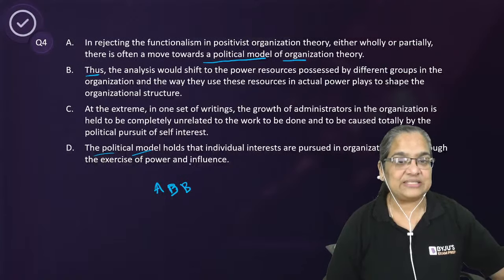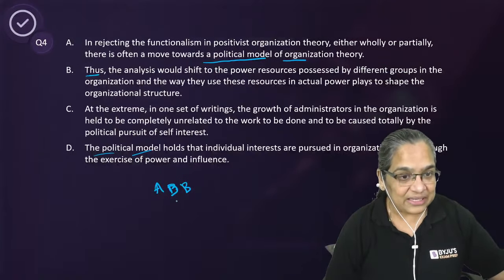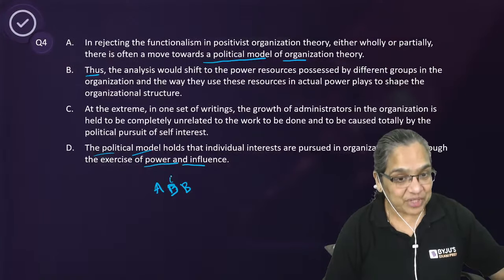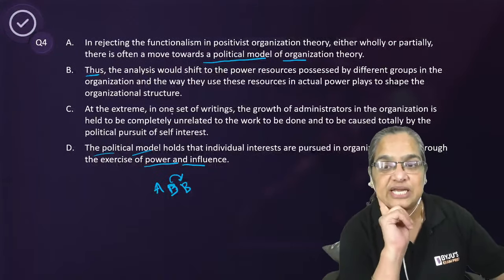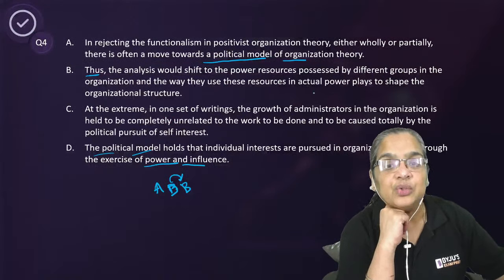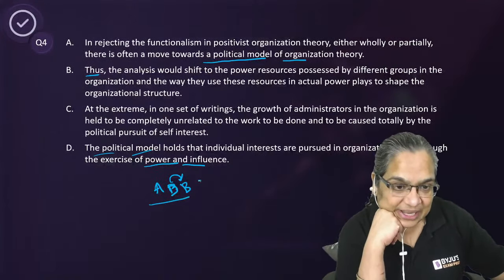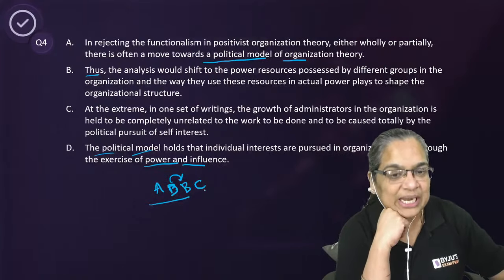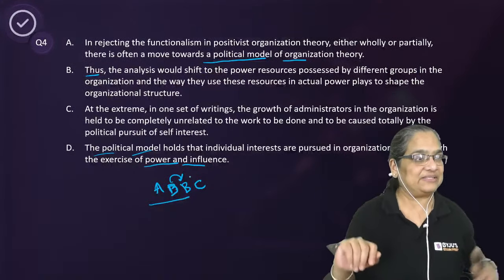Thus, the analysis would shift to power resources, because here D is talking about power and influence. Thus, the analysis shifts to the power resources possessed by different groups in the organization and the way they use these resources in actual power play. At the extreme, in one set, they say that totally it is about political pursuit, not related to anything else.